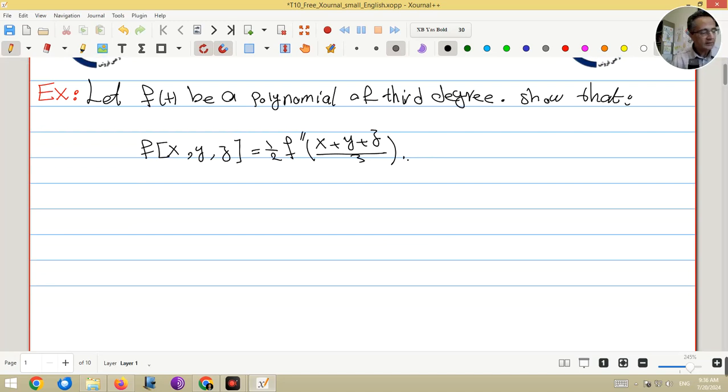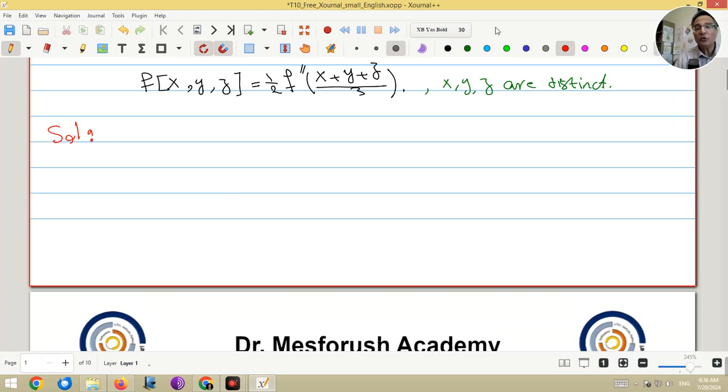We have to note that x, y, and z are distinct. Okay, now let me try to solve the problem. Consider u as a new point, which is distinct from x, y, and z.